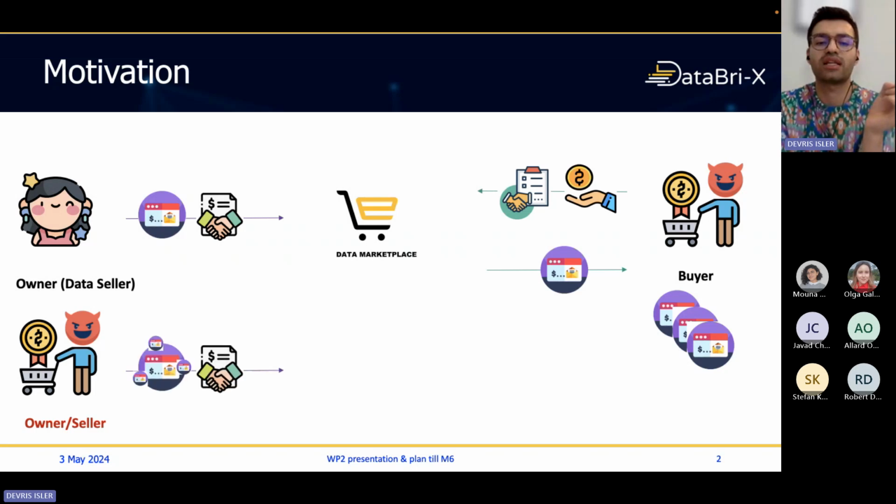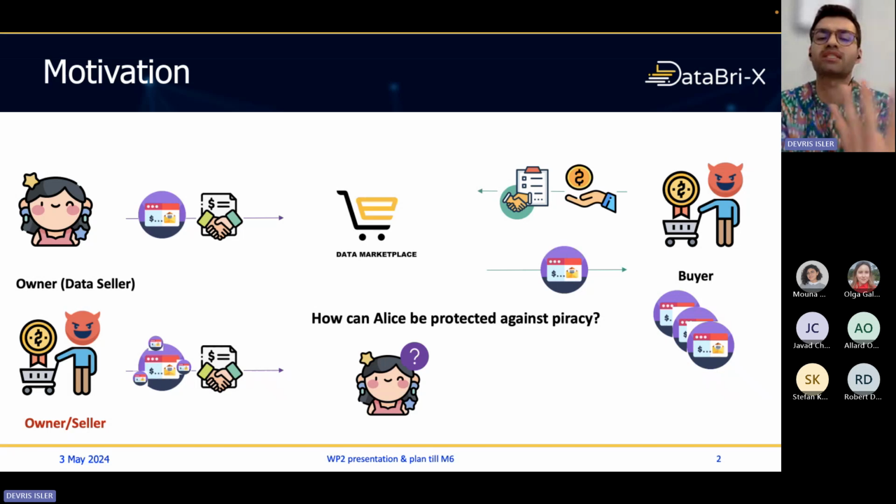Now the issue is, what if the buyer becomes a malicious entity and becomes a party in the system again, acting like an owner, and combines all this data that the buyer has and says, here's my new data, even though it was not its data, but just a combination of many different data that it purchased.